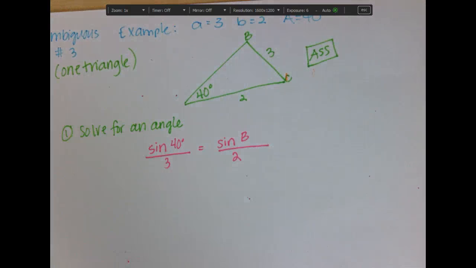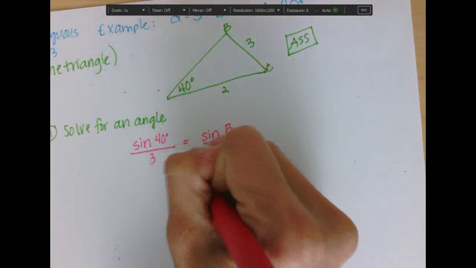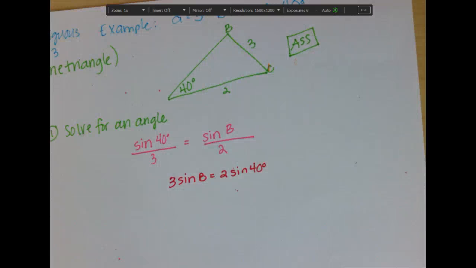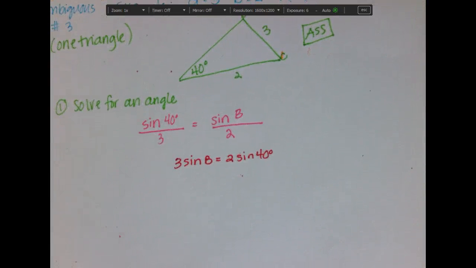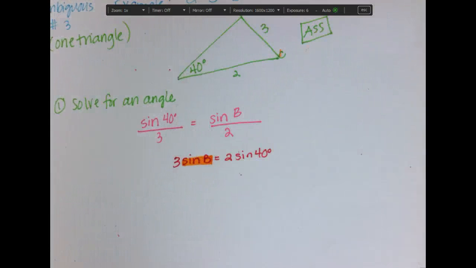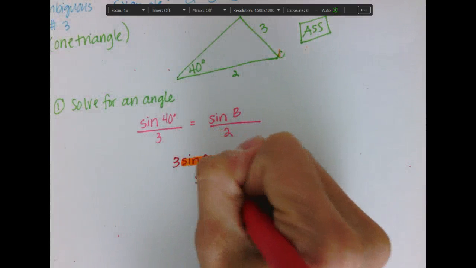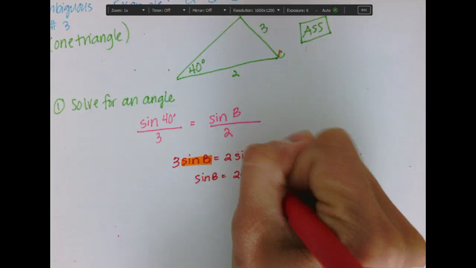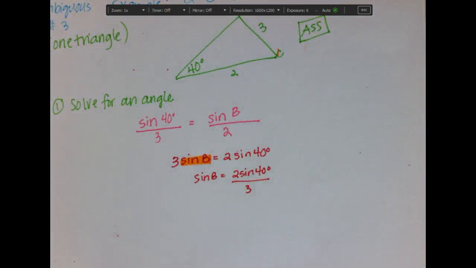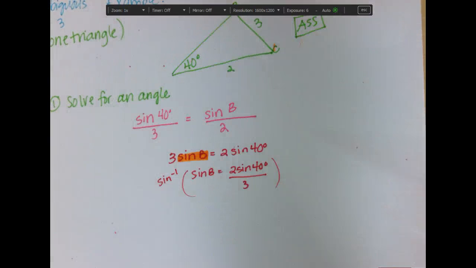All right, let's cross multiply and solve. So we'll have 3 times the sine of B equals 2 times the sine of 40 degrees. If we go ahead and isolate the sine of B, remember these come as a pair, so you've got to get that all alone first. And then since we're trying to ultimately just solve for B, we will take the inverse sine of both sides.